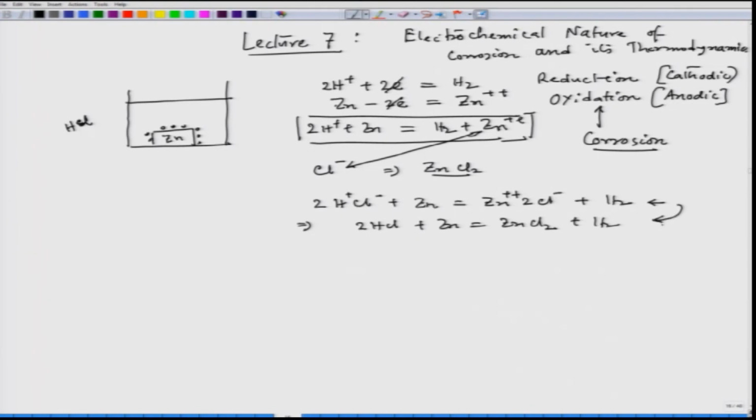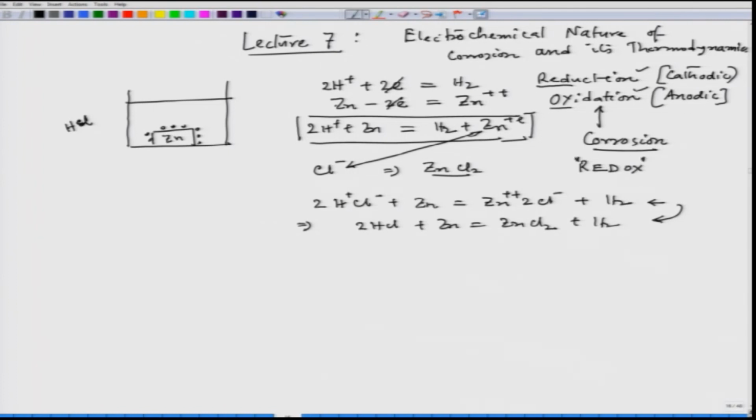Now, this is the complete cell reaction, and in order to have this complete cell reaction, we have to have two reactions, one is reduction, another one is oxidation. They are running parallelly. Interestingly, if we take only the red part in the reduction, and in the oxidation only the ox part, and connect them, then it becomes redox.